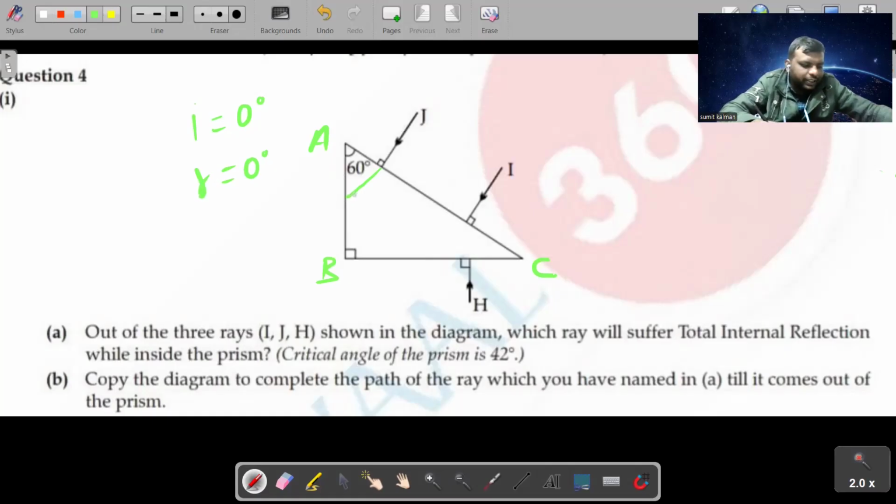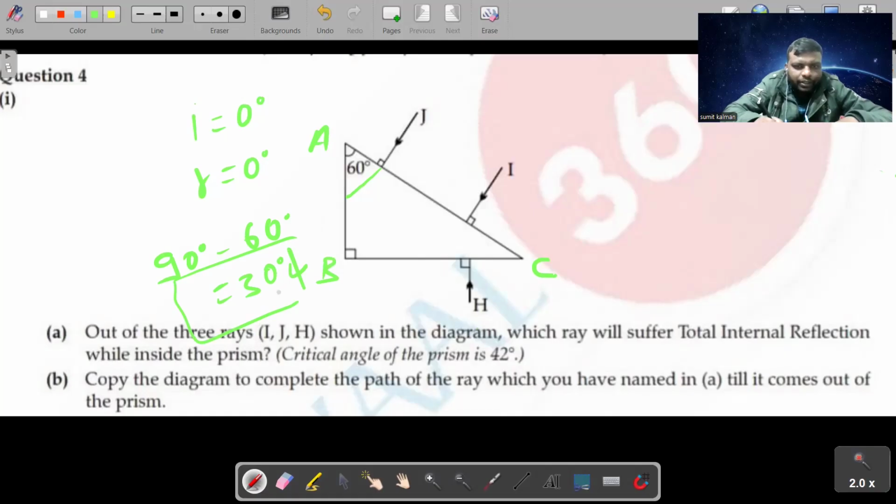So students, here the angle between the ray J and the surface AB is 90 degree minus 60 degree, it is 30 degree.